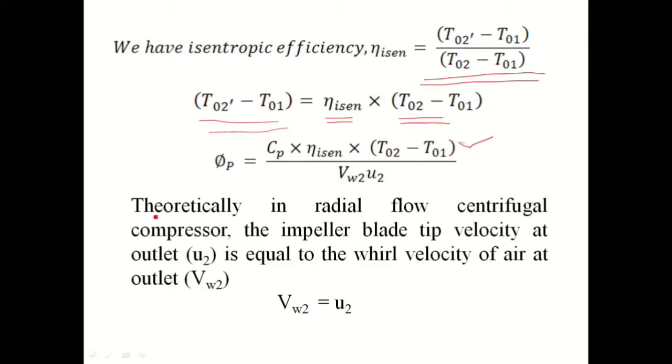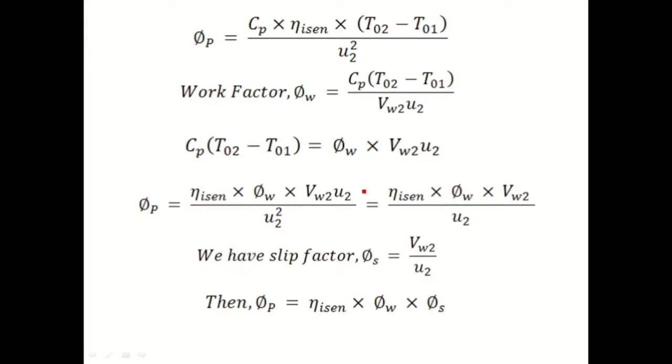As discussed earlier, theoretically in a radial flow centrifugal compressor, the impeller blade tip velocity at outlet, U2, is equal to VW2. So the denominator becomes U2 square.